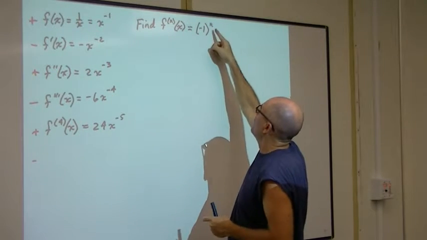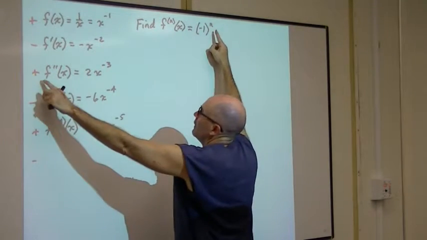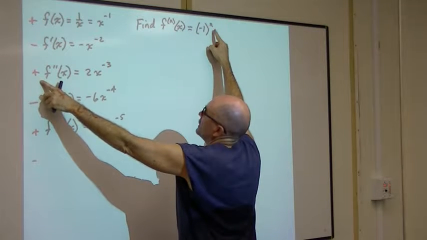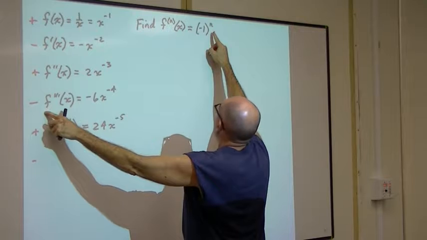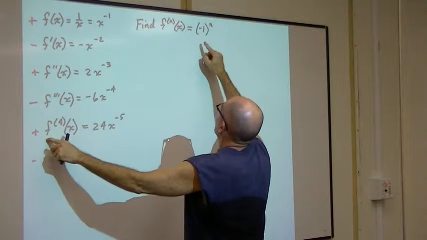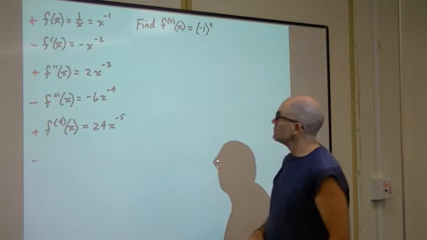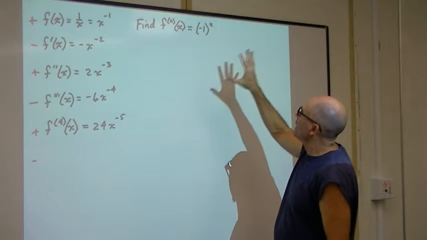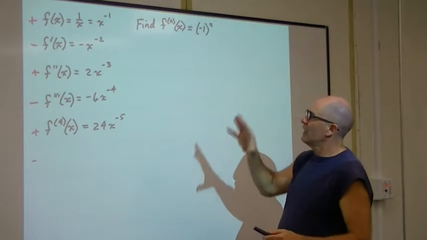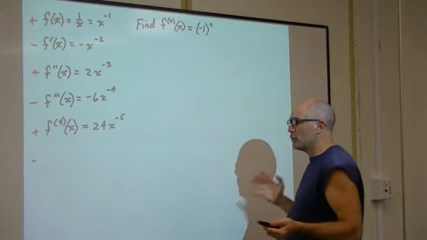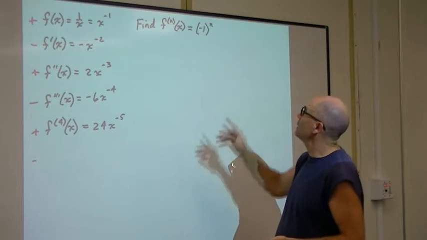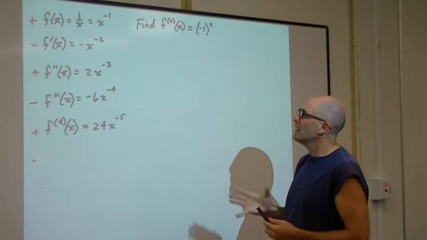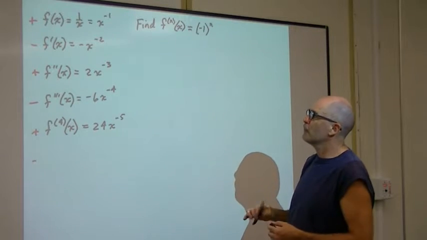The second derivative, n is 2, well, negative 1 to the second is positive. Negative 1 to the third, back to negative. Negative 1 to the fourth, back to positive again. So we know we have a negative 1 to the n times some other junk. But we know it definitely alternates signs, so we've got negative 1 to the n. Now, let's look at the numbers in front of our x's.